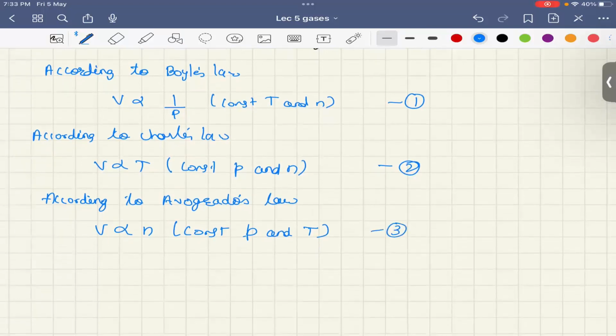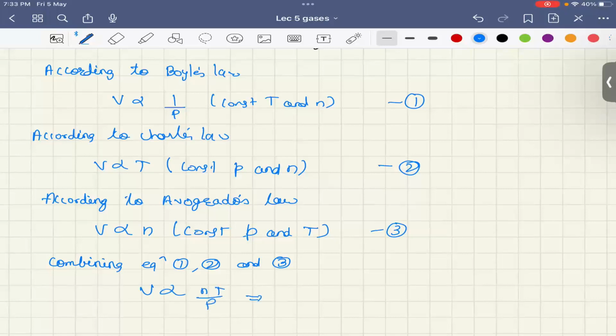So combining equations 1, 2 and 3, what we have is volume is proportional to N T by P, which implies volume is equal to some constant K multiplied by NT by P, right?